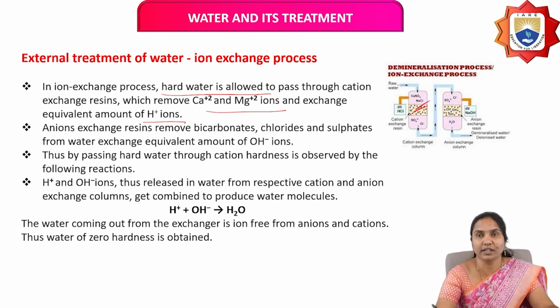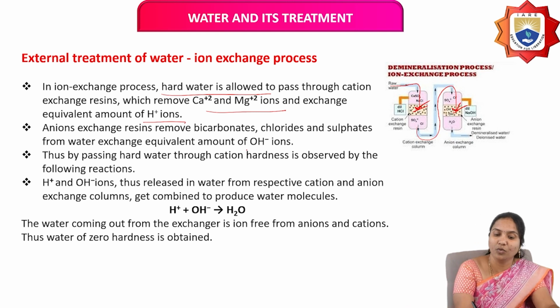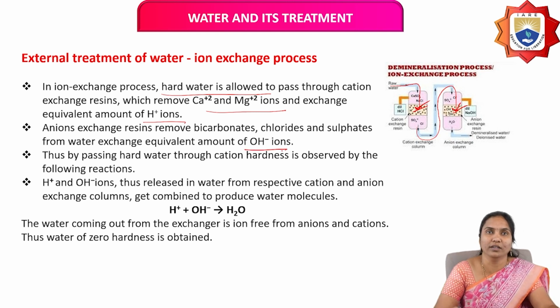When we pass raw water in this cation exchange column, it absorbs all the cations and gives H plus ions into the water. Next, this water is passed through the anion exchange column, where anion exchange resin is present. It absorbs all the anions present in water and gives its OH minus ions into the water.